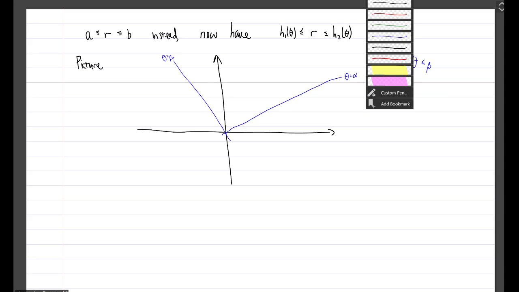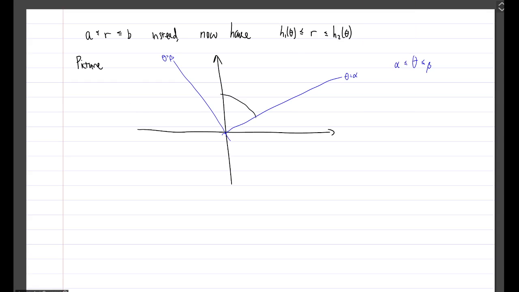But instead of having r stuck between two constant values, so that the only shapes we can have are basically pizza crust pieces, now something perhaps more interesting can happen, and the value of r may vary depending on what angle you're at.